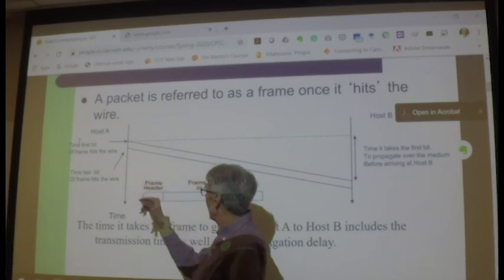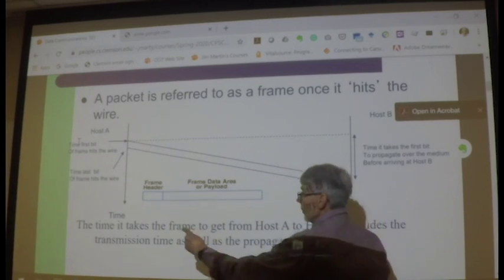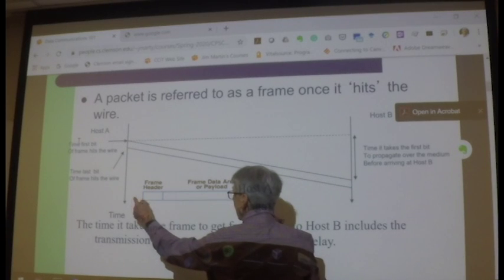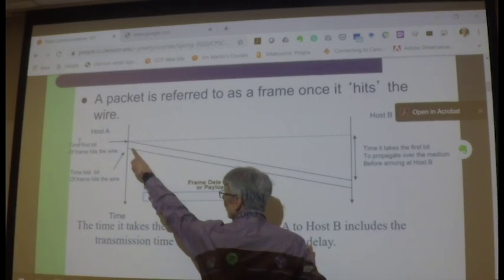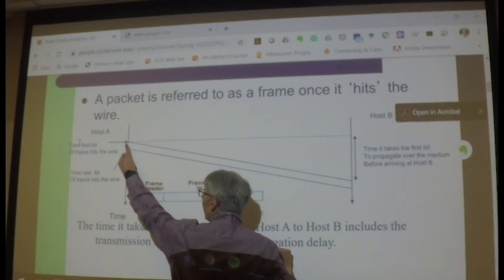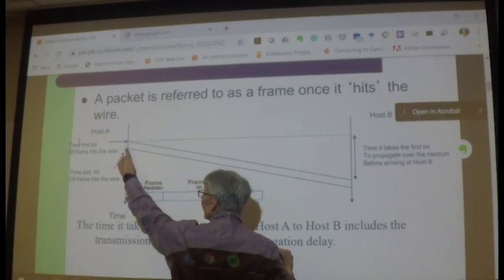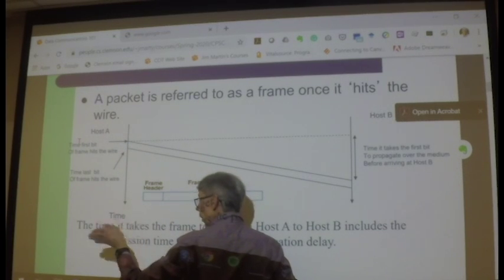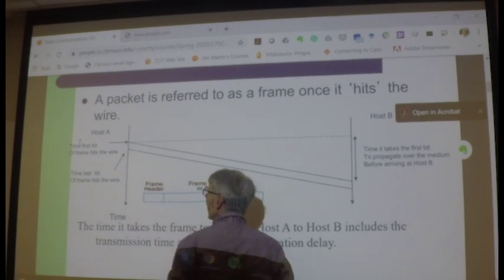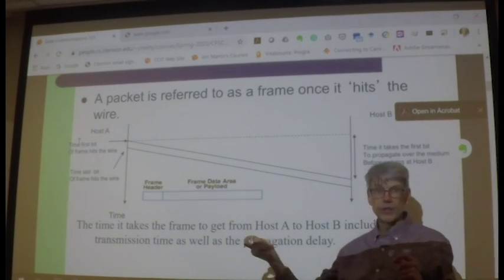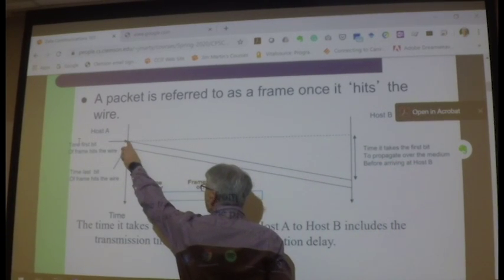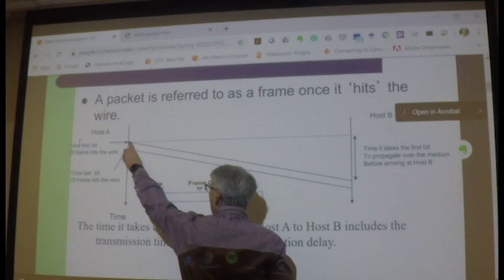T0 represents the time when the very first bit of the frame hits the physical medium, and it takes a while for the transmitter to send all the data. T1 represents the time at which the very last bit of that frame is sent. So that's basically the transmission time.